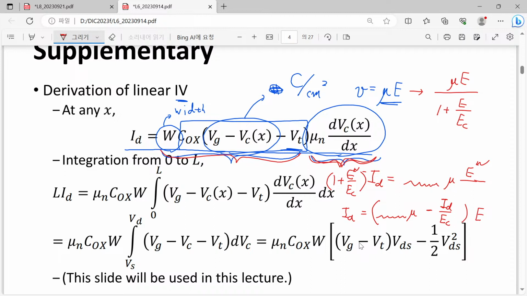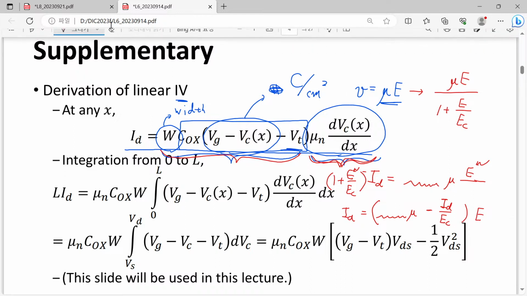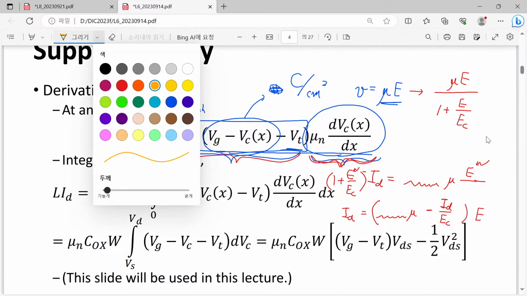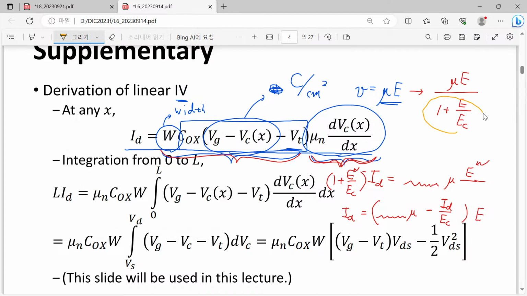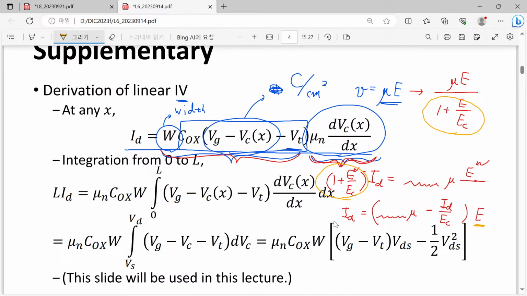Are you with me? I'm just doing simple manipulation, since the only modification in this calculation is the added 1 plus normalized electric field, which is moved to the left hand side, and the electric field is expressed in terms of ID.